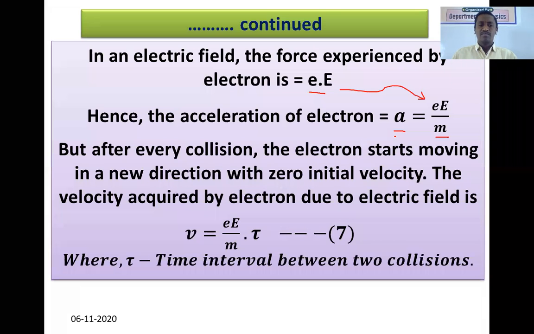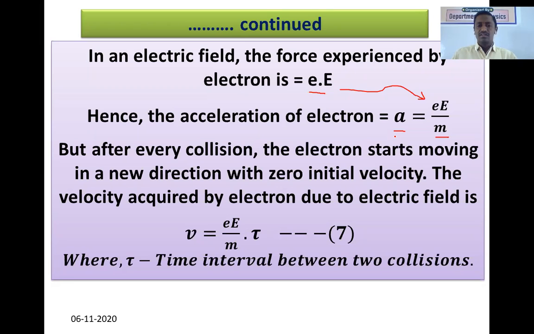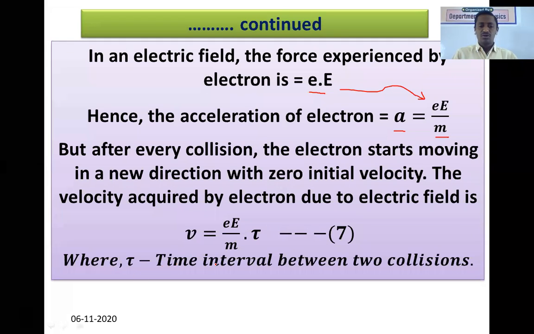So every time the electron collides with other electrons, and also collides with the walls of that metal. Okay, so after collision, the electron starts moving in a new direction, because the motion of electrons inside the metal is a Brownian motion.